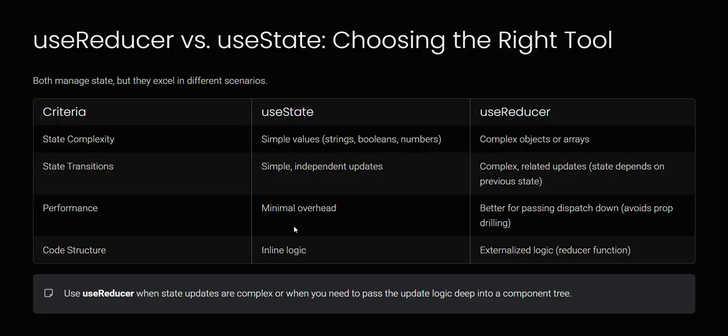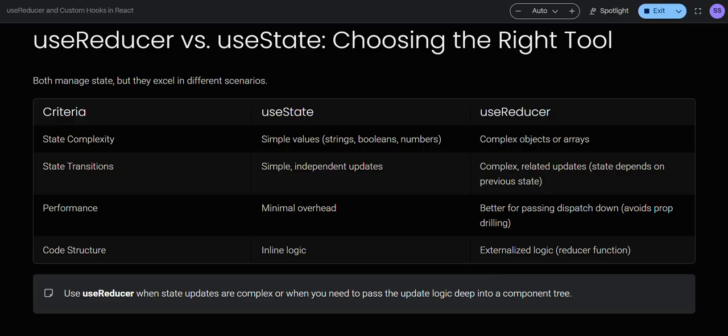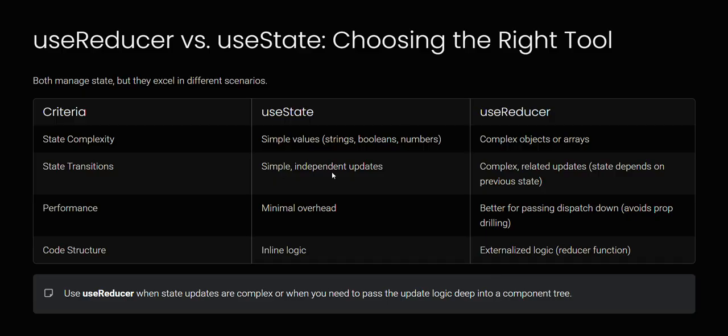If you use useState, you have to pass down multiple setter functions. If you use useReducer, you only pass down a single dispatch. So this reduces the number of values in your context and is a more efficient approach when the state needs to be updated deep in the component tree.